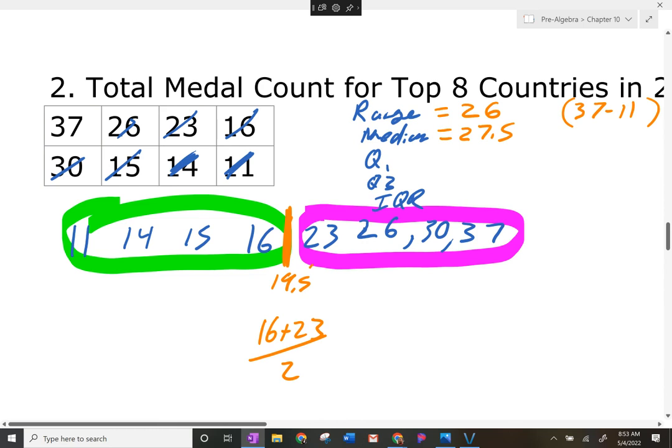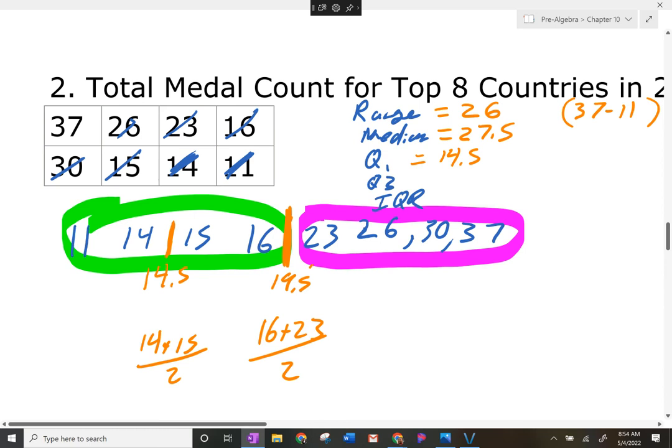On to Q1. How do I find that? Sweet. In between 14 and 15. So I add those together, divided by 2. I should end up with what number? 14.5. Super. So quartile 1, 14.5.